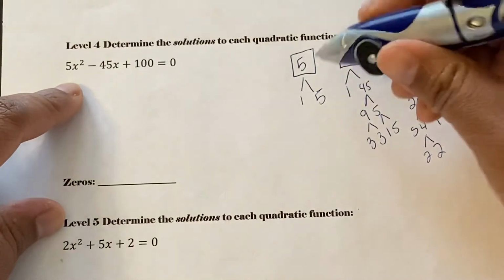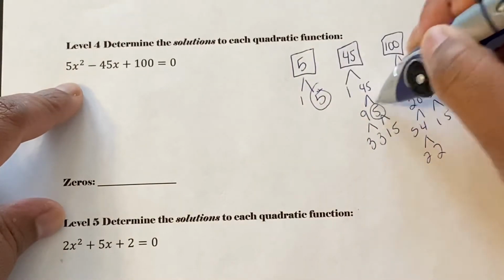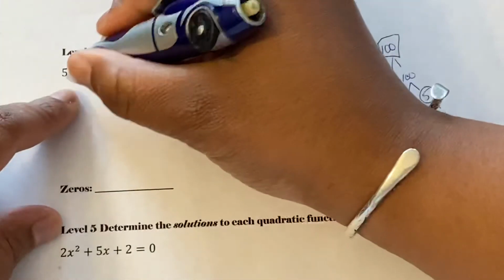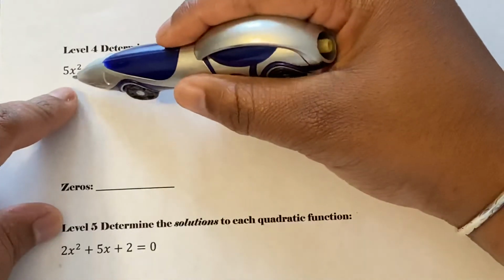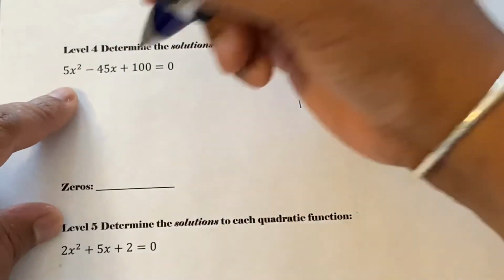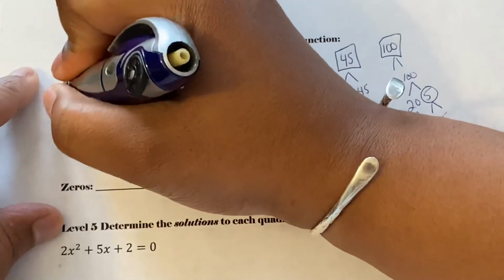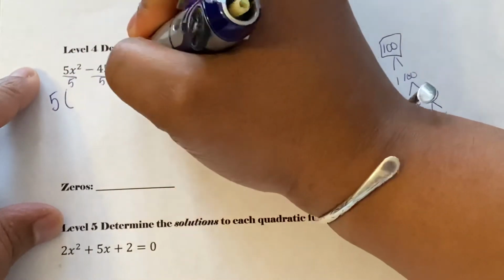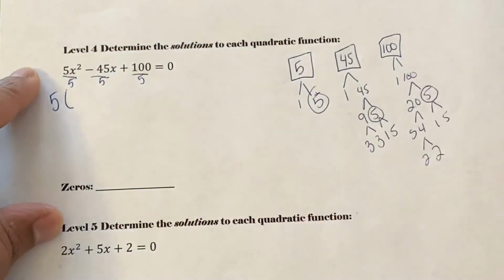As we can see, the largest factor they have in common, or the greatest common factor, is 5. So 5 is going to be the GCF. They do not have any variables in common. So we're just going to take out the number 5. Now, when I take out that number 5, I'm going to divide every term by 5.